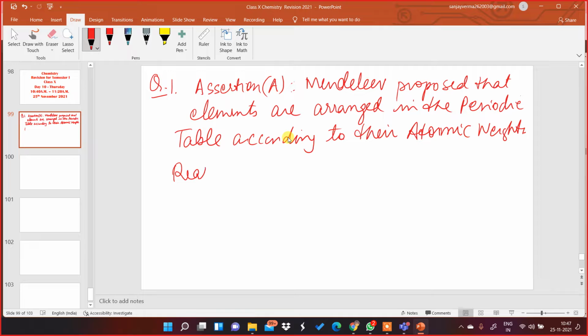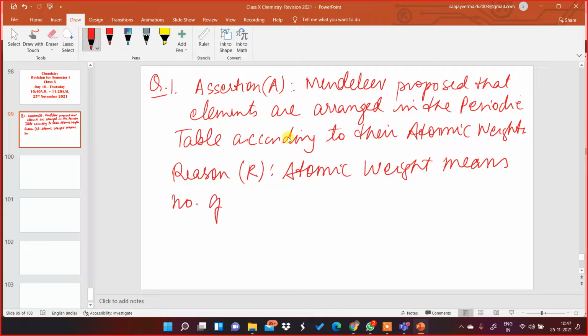and reason R: atomic weight means number of electrons in an atom.